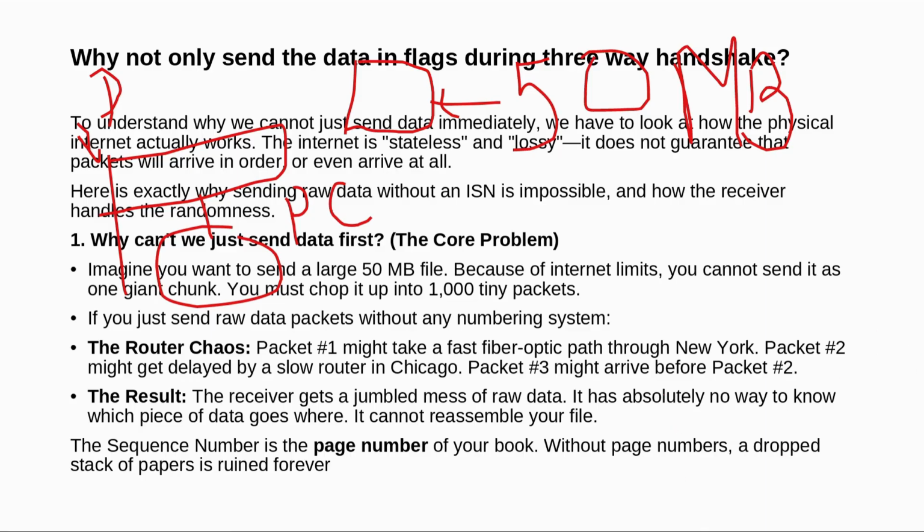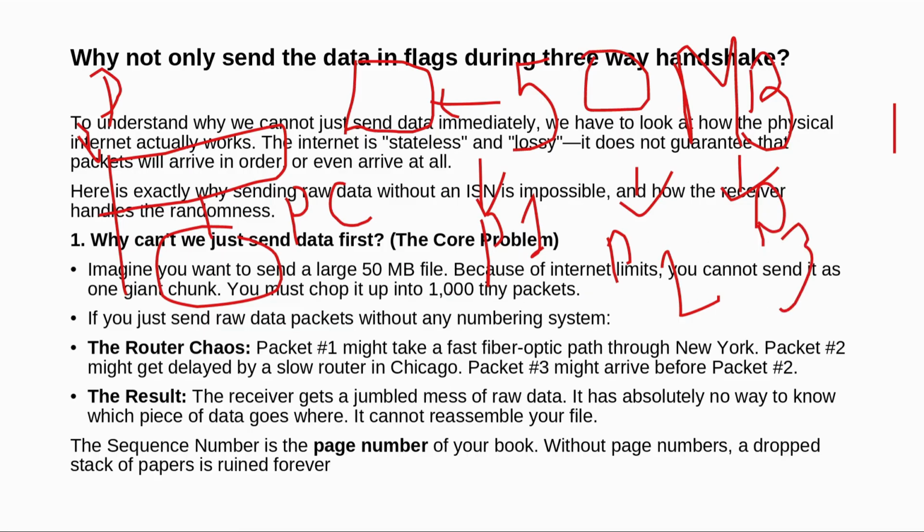Assume you divided the file into 1000 pieces. Your packet 1 is going through a fiber optic cable, and your packet 2 is going through a router in the next city, so it might arrive before your packet 3, I mean, sorry, packet 2.